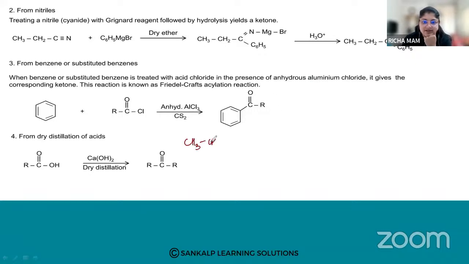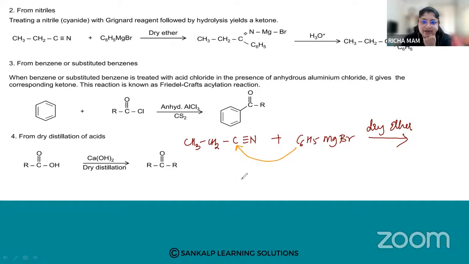CH3 CH2 C triple bond N plus C6H5 MgBr, in the presence of dry ether. So what will happen here? Just see. This C6H5 will attack here.